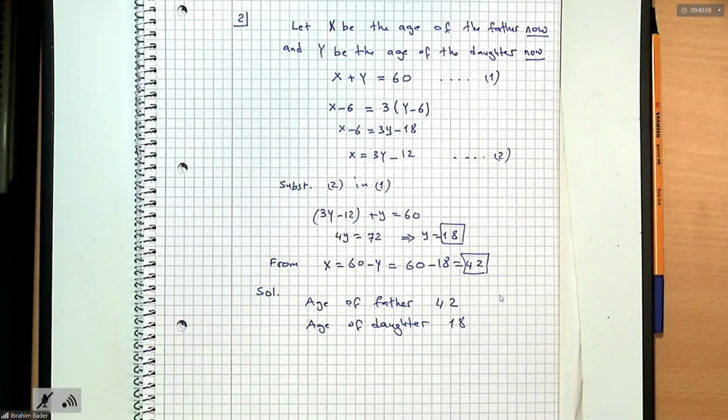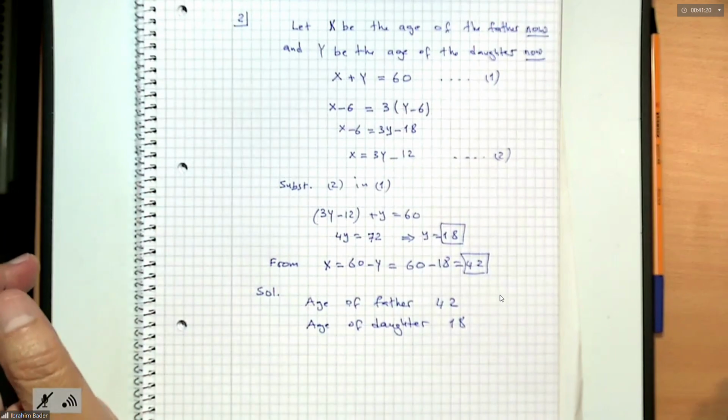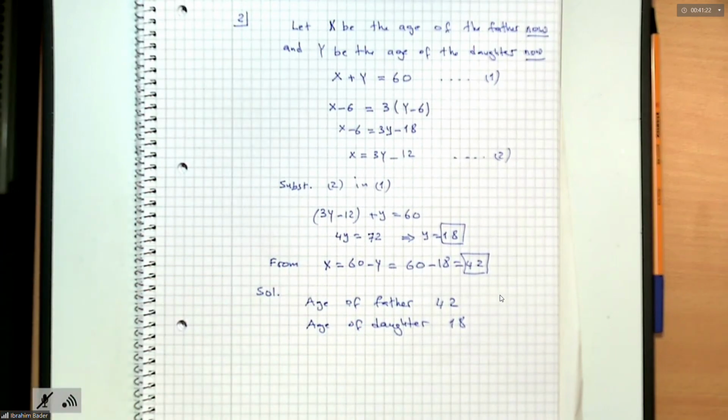You need to assign variables, and then construct the equations and solve using the methods we learned. Of course, you can also solve it using elimination, but it's simple: two variables, two equations. You can use substitution.